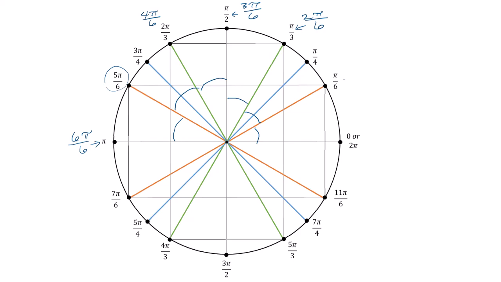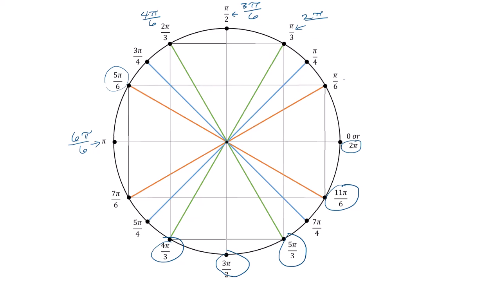We continue this way around the unit circle: 7 pi over 6, 8 pi over 6, 9 pi over 6, 10 pi over 6, 11 pi over 6, and 12 pi over 6.